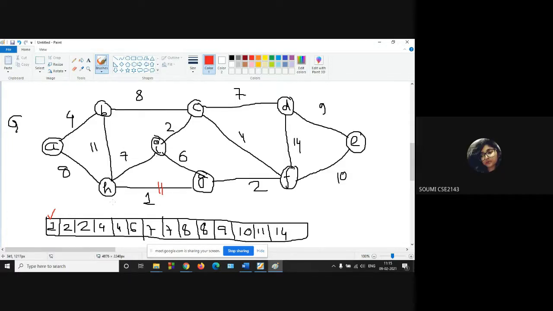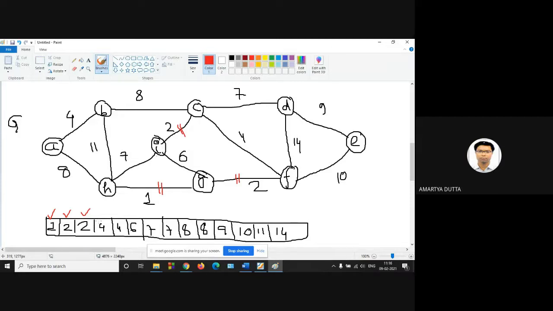G to F. You can also choose C to I first. Okay, G to F. Next, again 2. So this is C to I. Right?